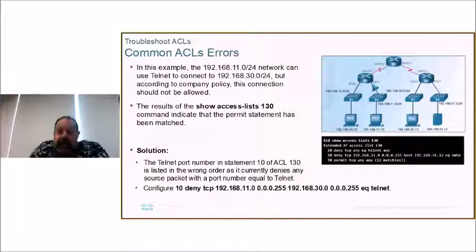So what's going on here? We've got deny TCP any destination equal telnet. So that's actually the source address. Any source host with telnet. So I'm assuming return traffic from a telnet server to any destination, that's going to be blocked.